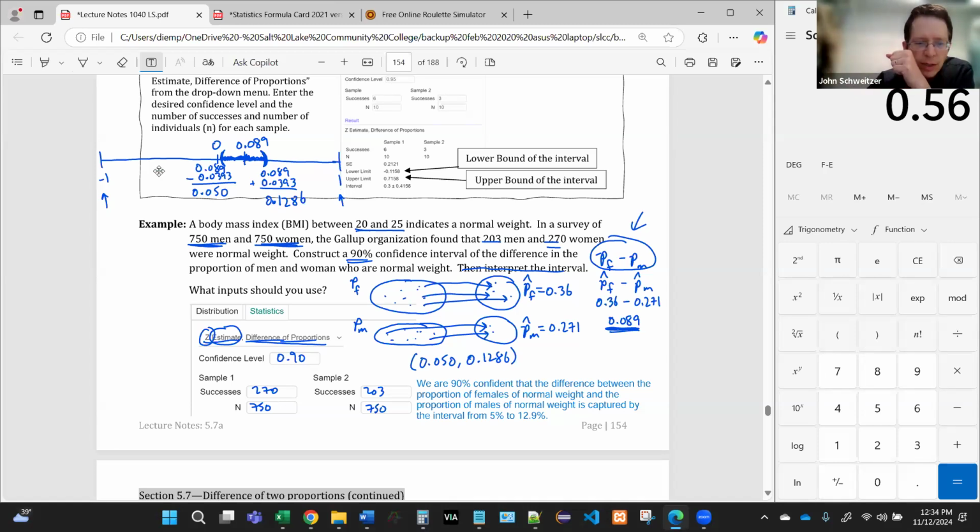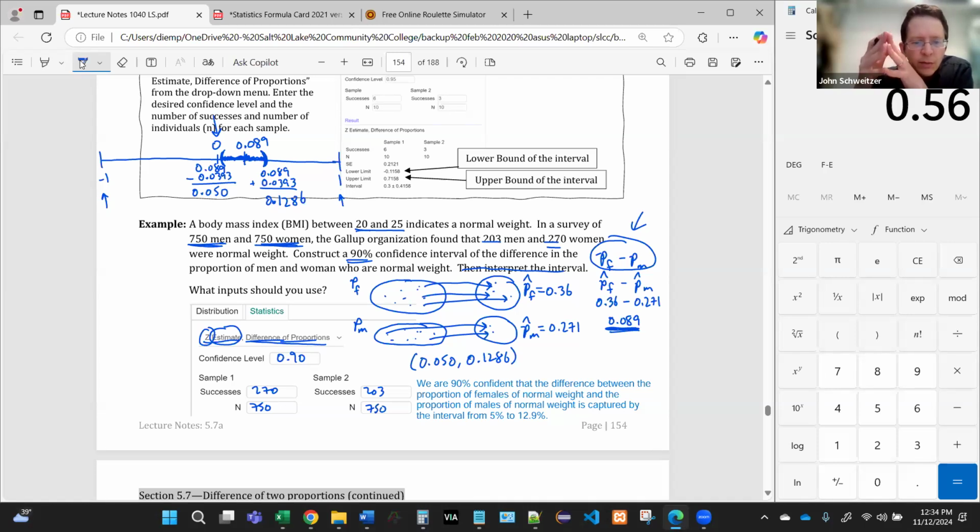So this is a great interpretation. The other one is where you look at 0. Is 0 in the interval? Is it not in the interval? Notice that 0 is not in that interval. The lowest value in this interval is 0.05, which is positive, and the highest is 0.1286, which is also positive.